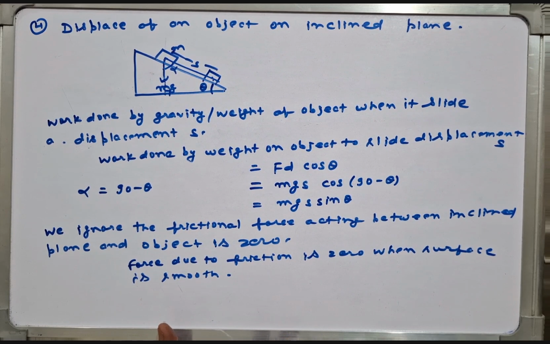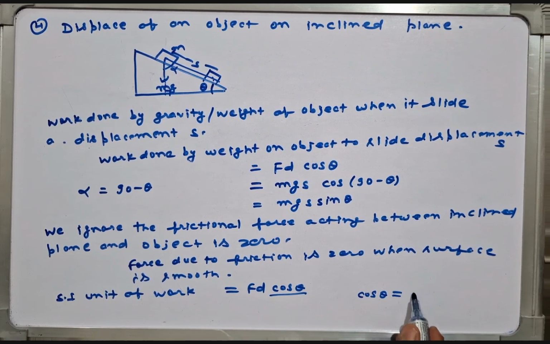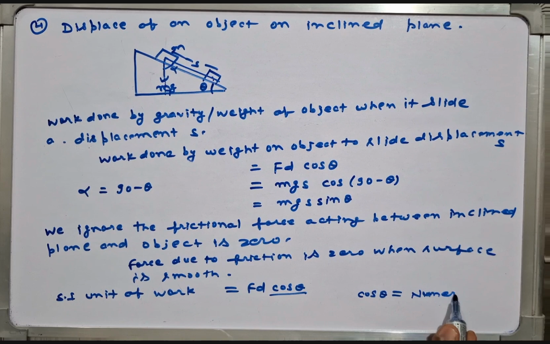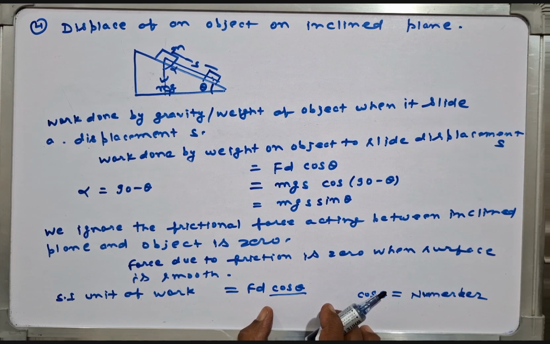Okay, so guys, you have seen all four conditions here. Now one thing we have not discussed till now: what will be the SI unit of work? Okay, so you can say, sir, this one is F d cos theta. Okay, in any case cos theta is a number, so it will not take part in the unit, so we ignore it here.